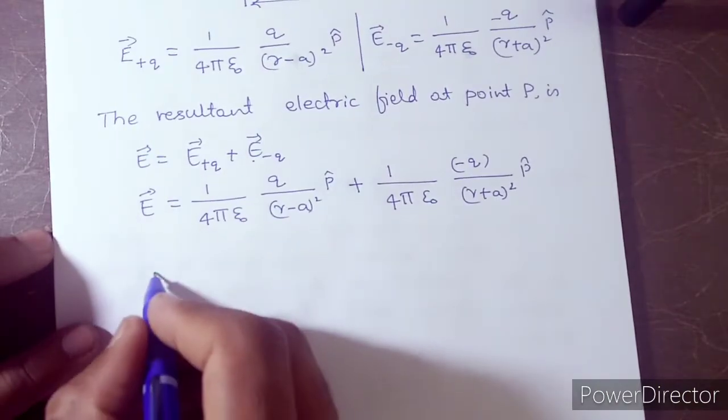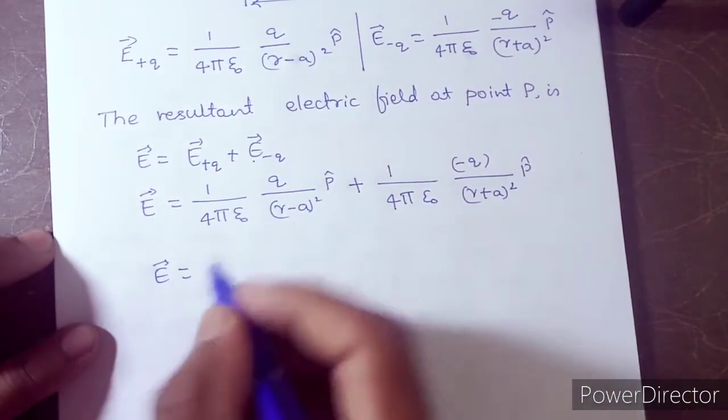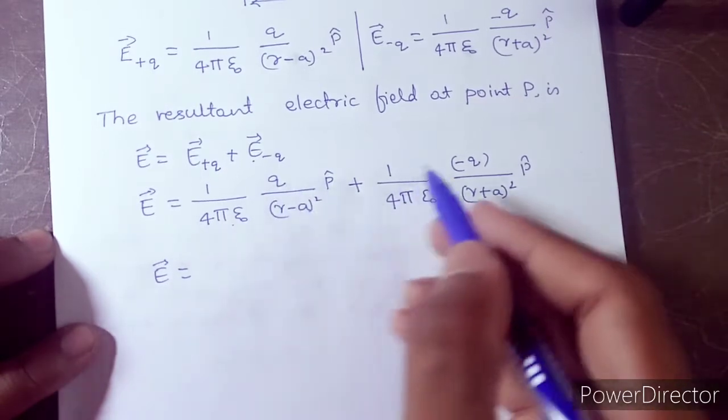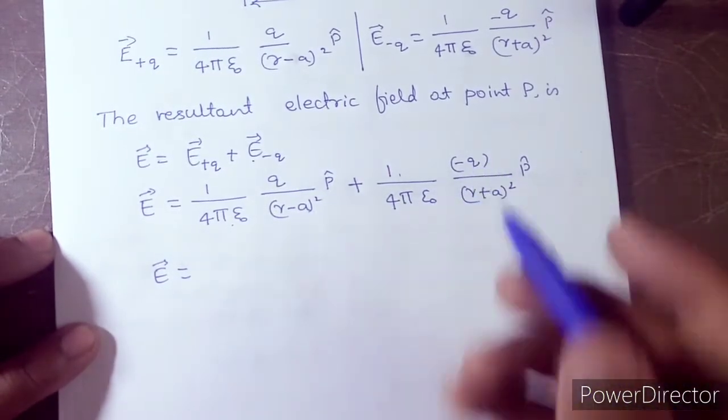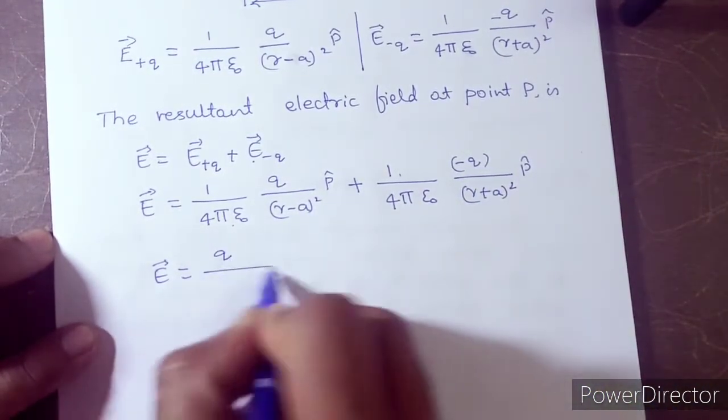Okay, so then E is equal to, here 1 by 4 pi epsilon naught and Q are constants, so I will take them out.